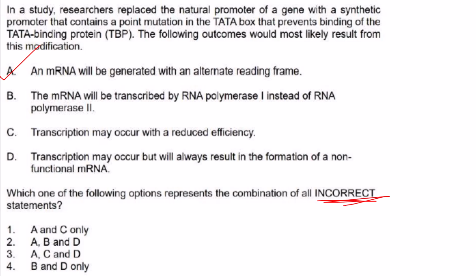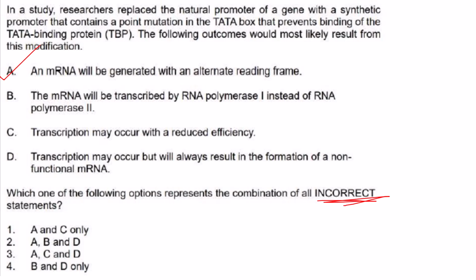Then the mRNA will be transcribed by RNA polymerase 1 instead of RNA polymerase 2. How is it possible? The point mutation is in the Tata box and it will not cause RNA polymerase 1 to transcribe mRNA.